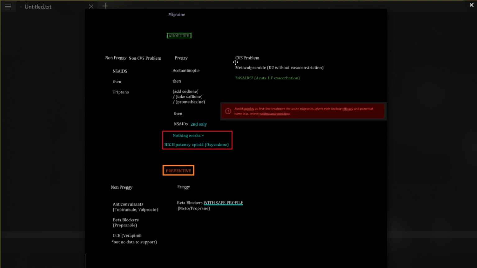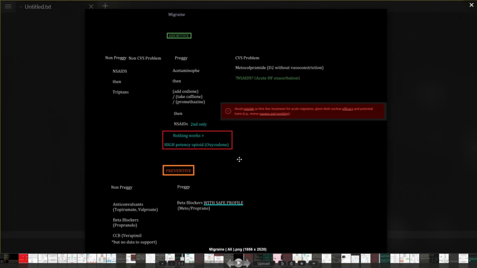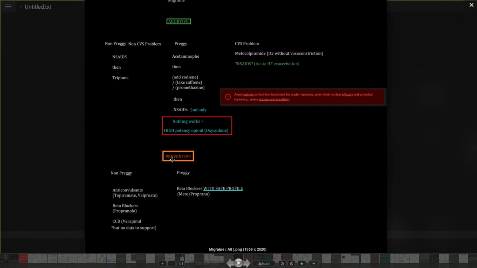In patients who have cardiovascular problems, the main thing to pay attention to is that you will not give them triptans. Instead, you are going to give them metoclopramide. In the preventive stage, you are going to subcategorize the patients into two groups: pregnant and non-pregnant. The important thing is that in pregnant patients, you are not going to give anticonvulsants.